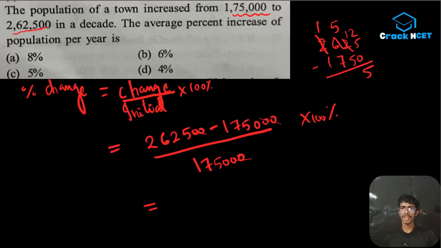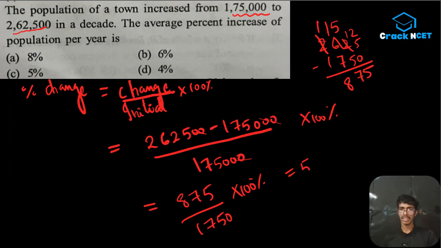So what is the value of this? 875 divided by 1750 into 100%, which comes out to be 50%.